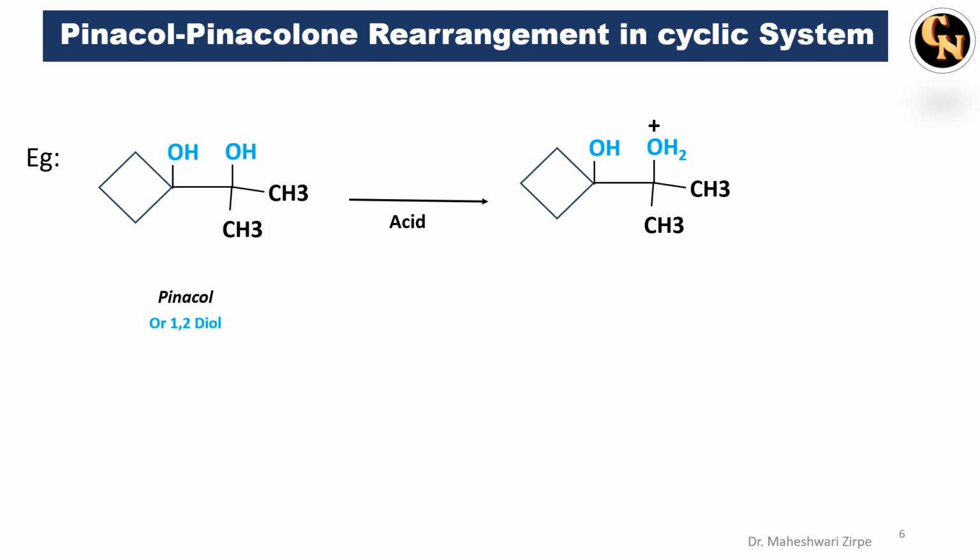So this is the next example where there is an acyclic part and a cyclic system, both are there in the 1,2-diol. Now the question is, which one will first form the carbocation, whether the acyclic or cyclic? So this I have well explained in the previous slides, previous video.